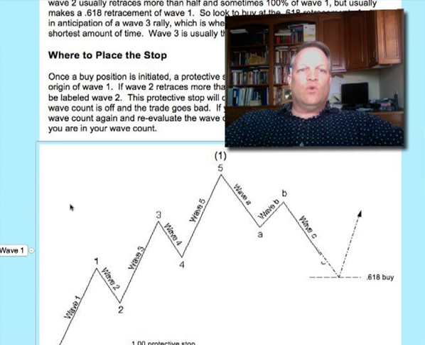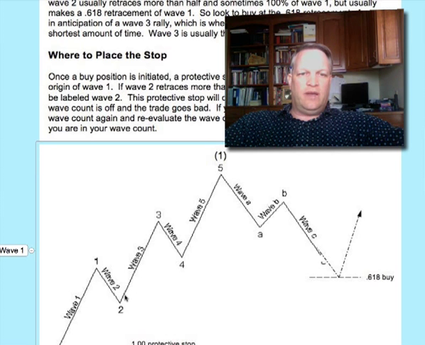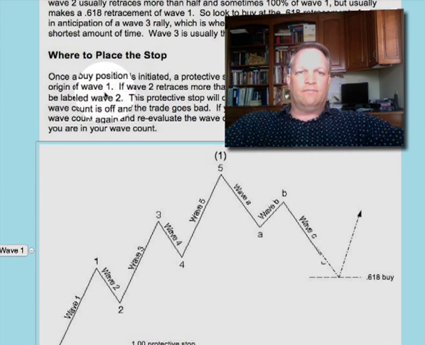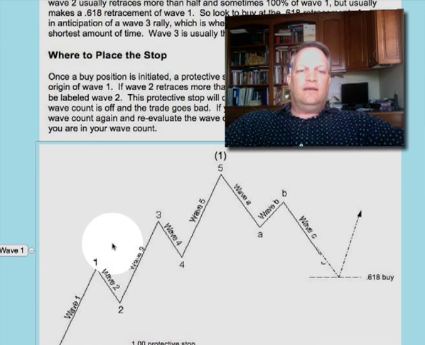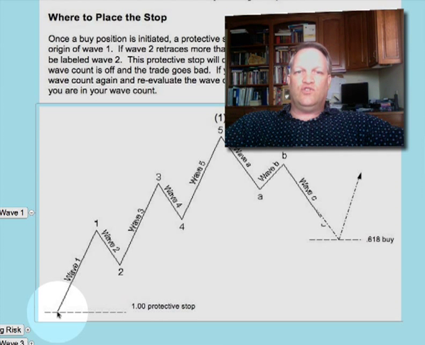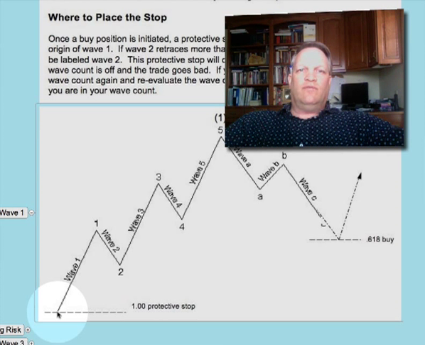Now, where to place the stop? Once a buy position is initiated, say right here at the termination of 2, a protective stop can be placed 2 pips or so, and I like to go sometimes 4 or 5 pips below the origin of wave 1. The reason for that is simply because sometimes the difference in brokers' feeds on your charts will vary.